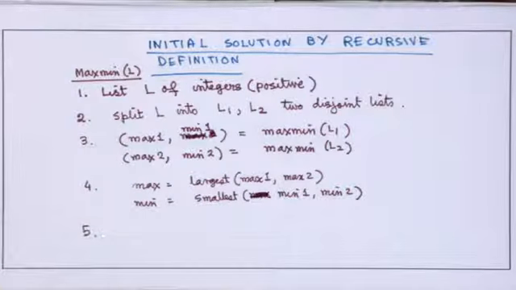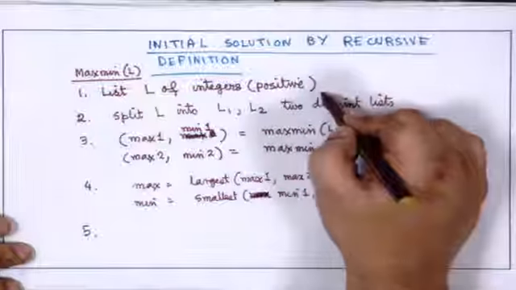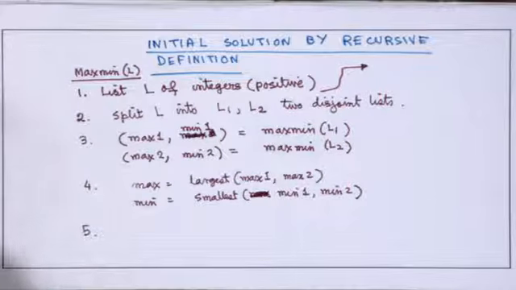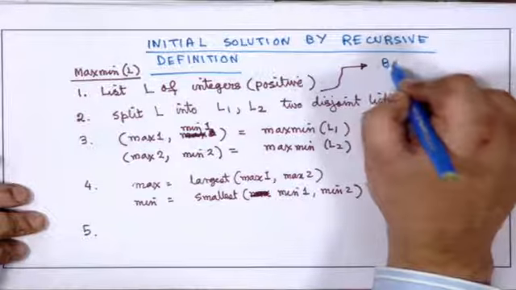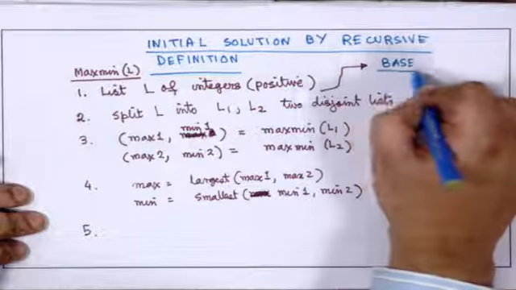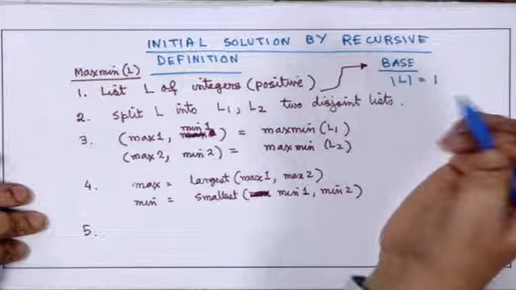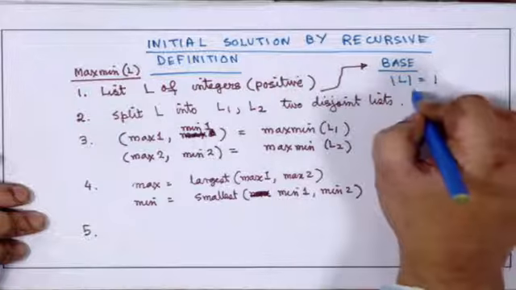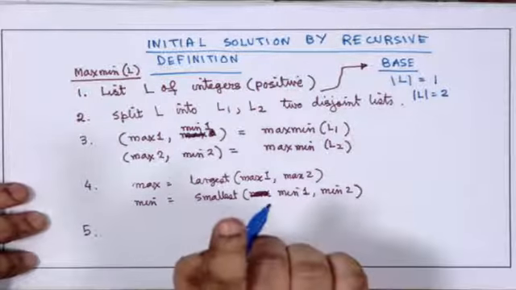Obviously, there will be base conditions. If the size of L is 1, then that same element is both max and min. You do not need any comparisons. And if the size of L is 2, then in one comparison you can find the max and min.